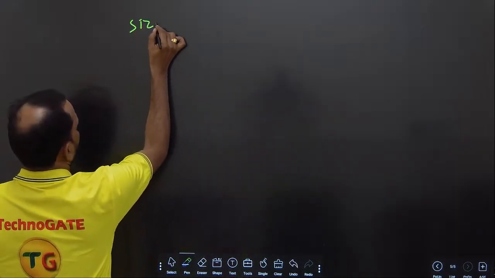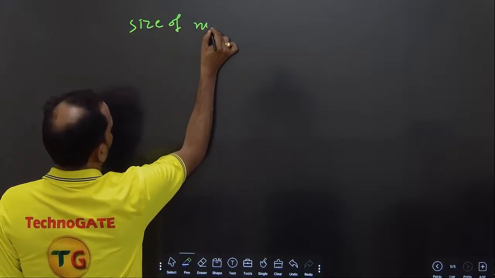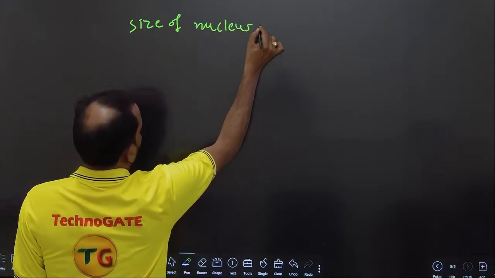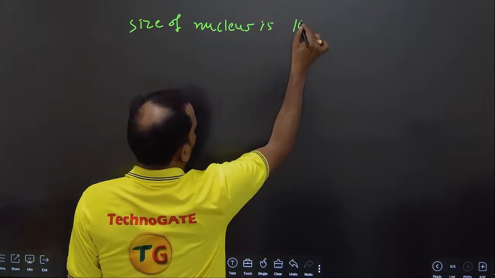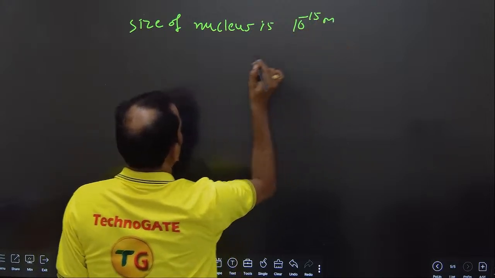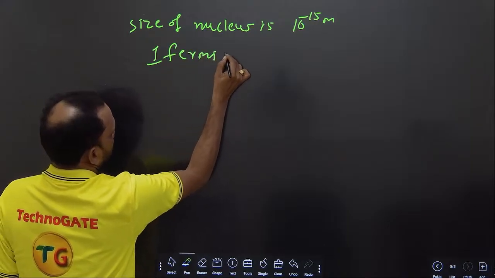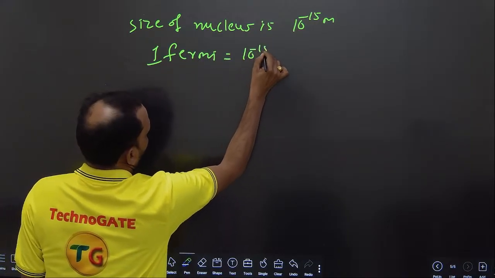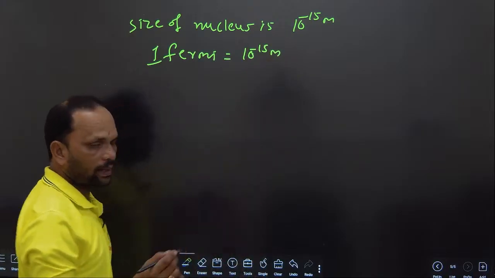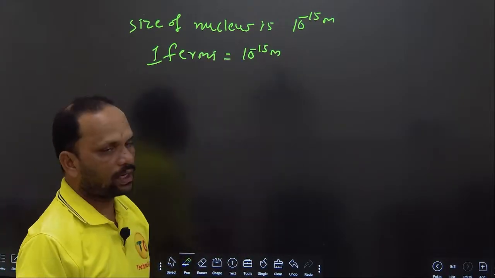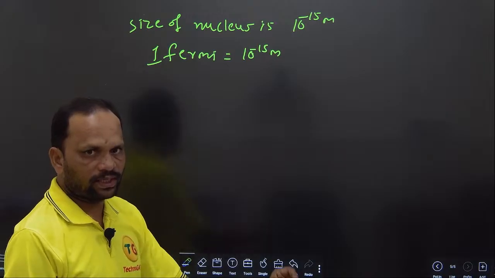The size of the nucleus is 10 power minus 15 meters. We can call it 1 Fermi. 1 Fermi is equal to 10 power minus 15 meters, and 1 Fermi is the size of the nucleus.